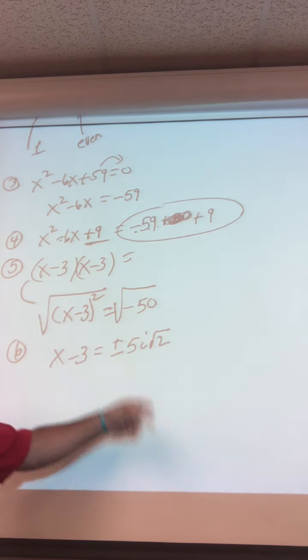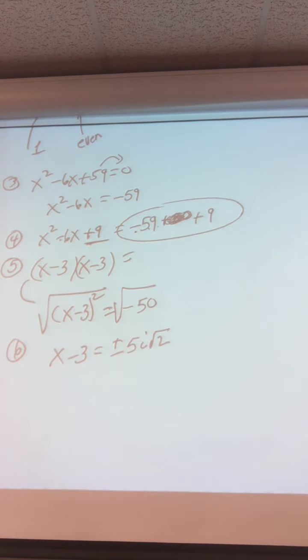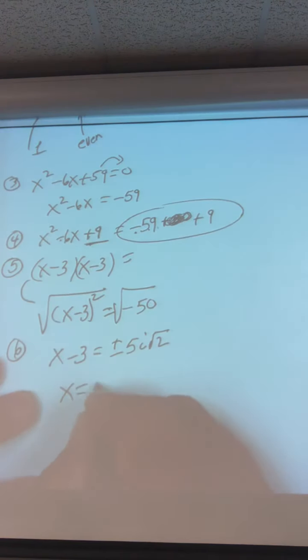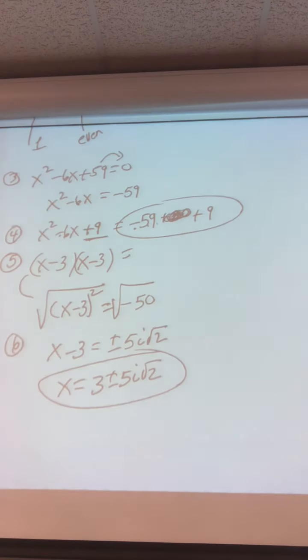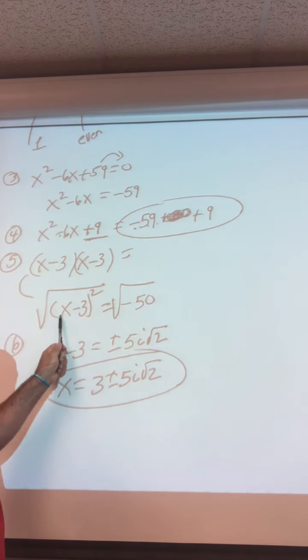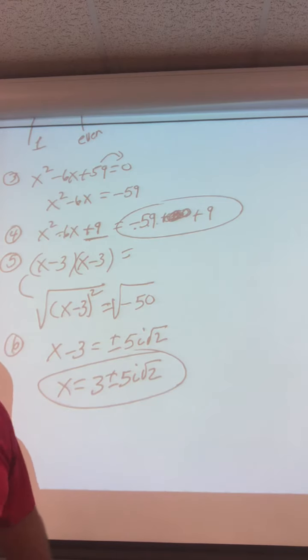Now, get the x by itself, add 3 to both sides, and when I do, I get 3 plus or minus 5i square root of 2. And that is the exact same answer that we got when we worked that problem before. So we made that problem up there look like this so that it is workable. How did we make it look like that? By the square root property.